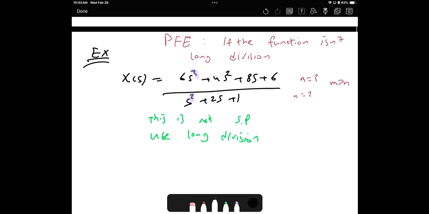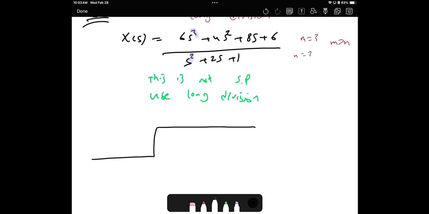How to do long division for this one? We know the long division, which is s squared plus 2s plus 1. This is the denominator, while the numerator is 6s cubed plus 4s squared plus 8s plus 6. How can I do the division? Start from the highest order. The highest order is 6s cubed, divided by the highest order of the denominator, s squared, so it will be 6s.